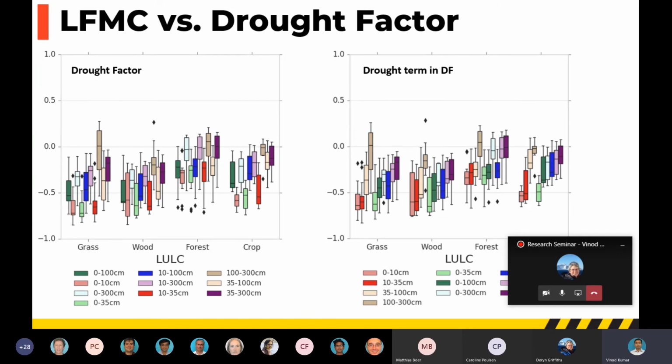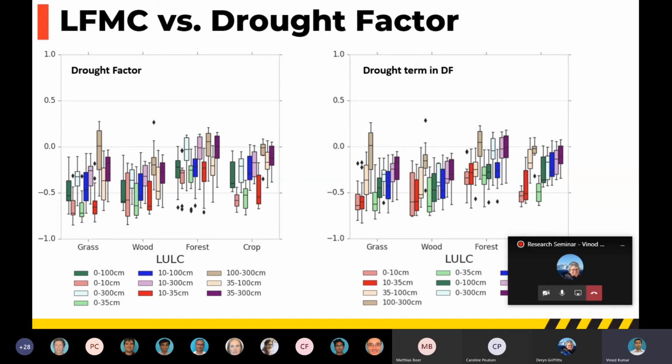Stepping further back, we already have some measure which is quite similar to the live fuel moisture content. What I mean is the drought factor in McArthur's FFDI, which is a measure of fuel availability.